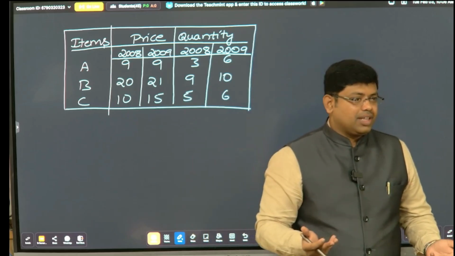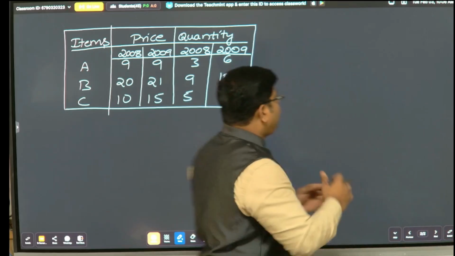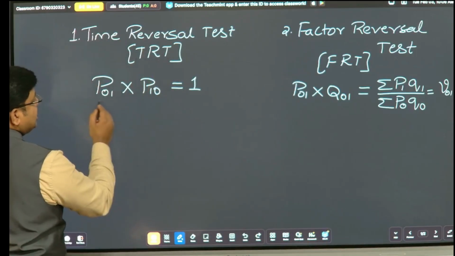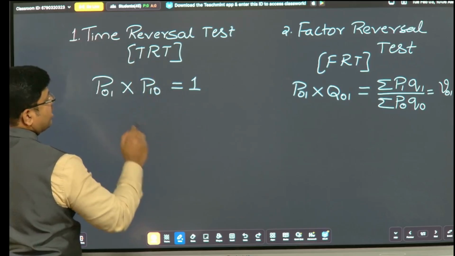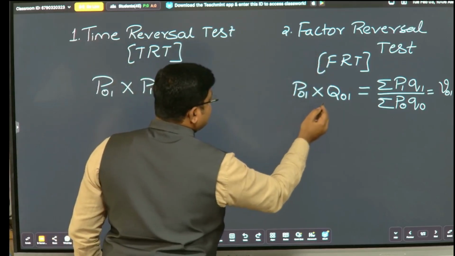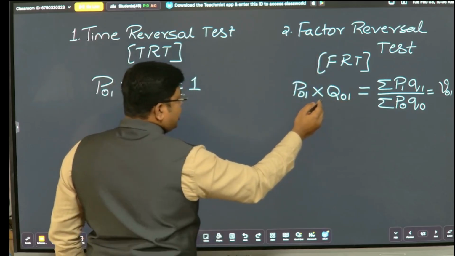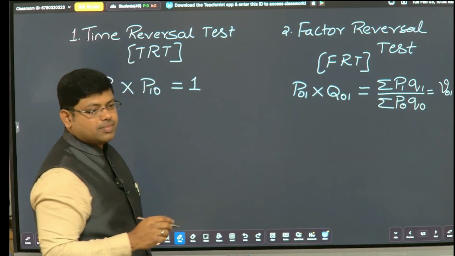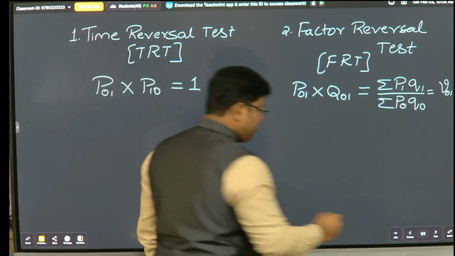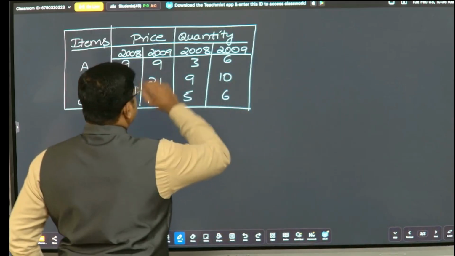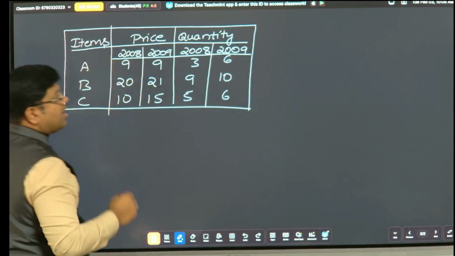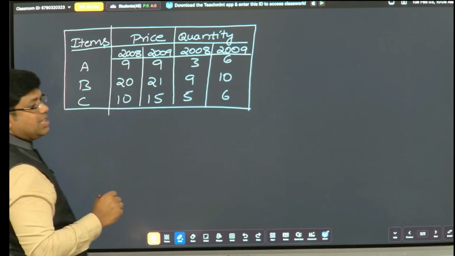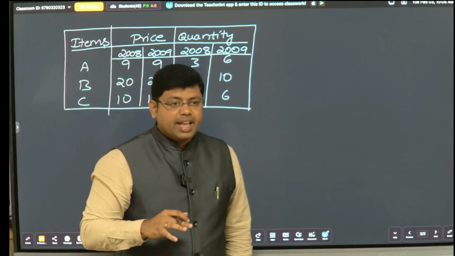If they ask Marshall, the same. But the test formulas, I told you: TRT, P01 into P10 is equal to 1. Factor reversal test, P01 into Q01 is equal to V01, the value. Correct? So we have to show this now. Fine. So now this is the question. For this data, we are verifying whether Fisher's formula satisfies both TRT and FRT.